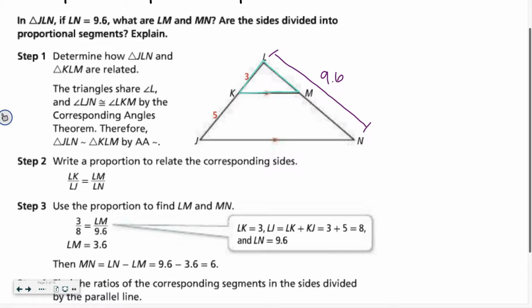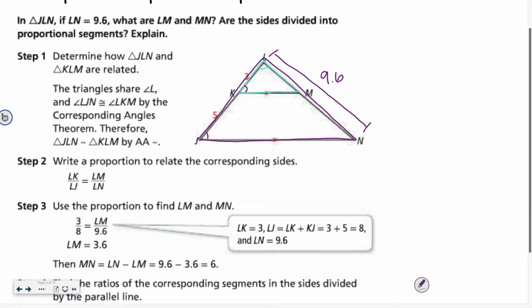Both of those triangles share angle L, right? It appears in both the blue triangle and in our entire purple triangle. So that angle didn't change. And then if we think about angle LJN, so this angle down here, that would have to be congruent to angle LKM by the corresponding angles theorem.